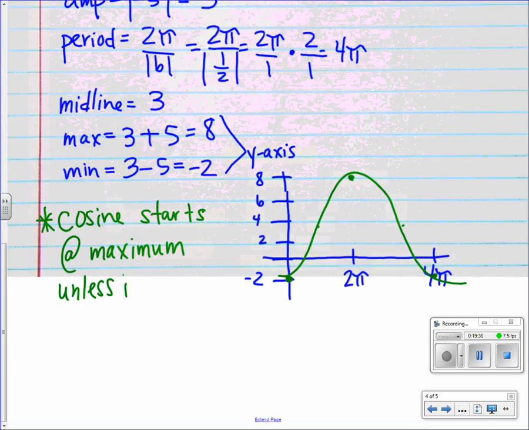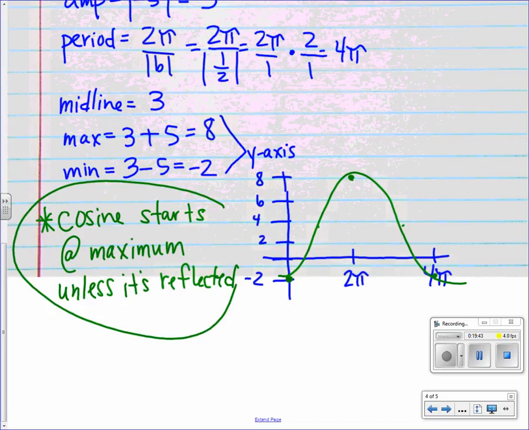Unless it's reflected or has the negative. You can put either one. So cosine starts at the maximum point unless it's reflected. Did I say minimum? I'm sorry. Okay. Does everyone have that written down?